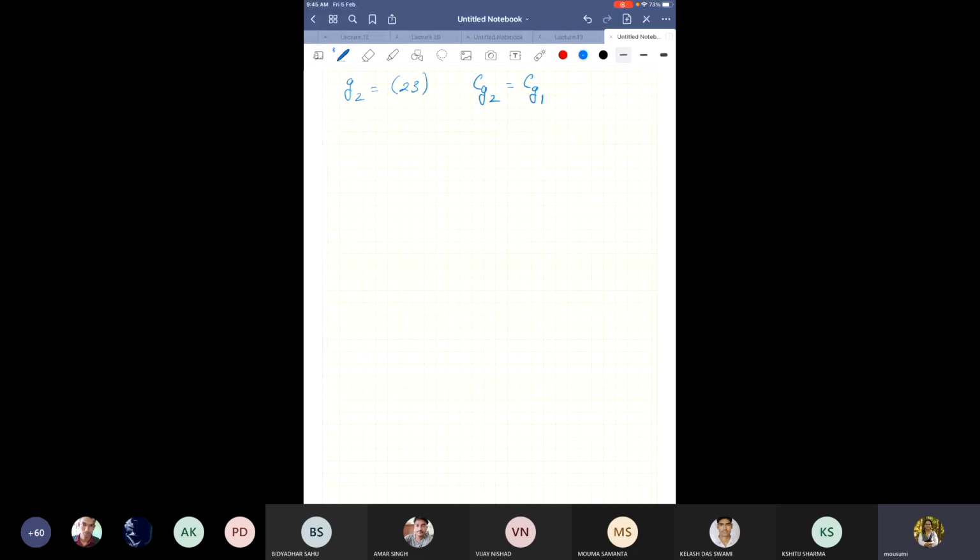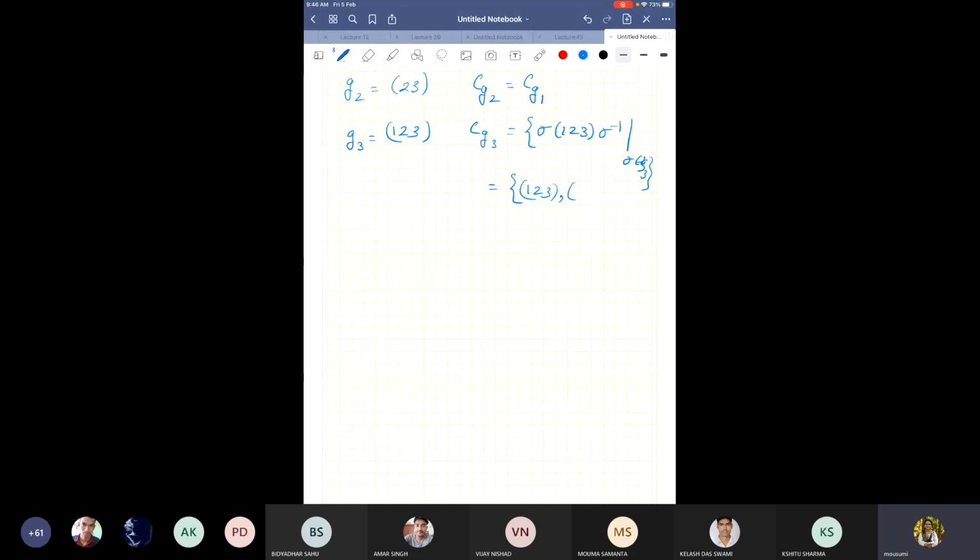Now what about the conjugacy class of this element, G3, which is (1 2 3)? Sigma is over S3. So the elements will be (1 2 3) and (1 3 2).